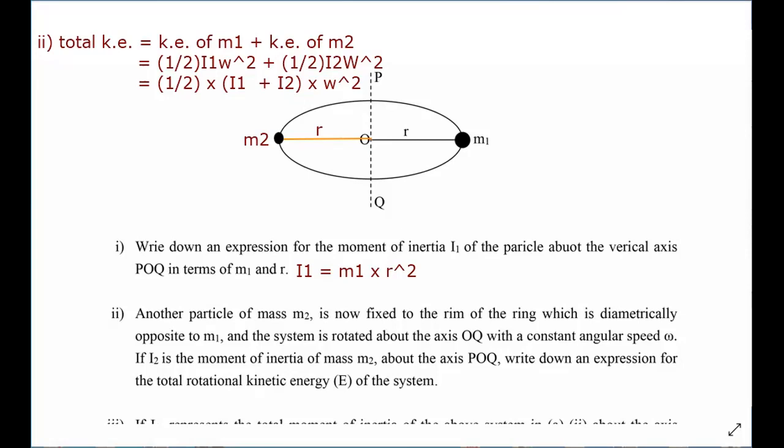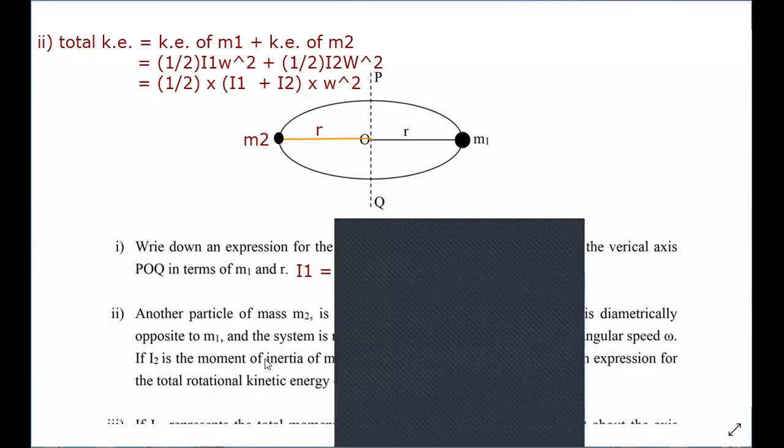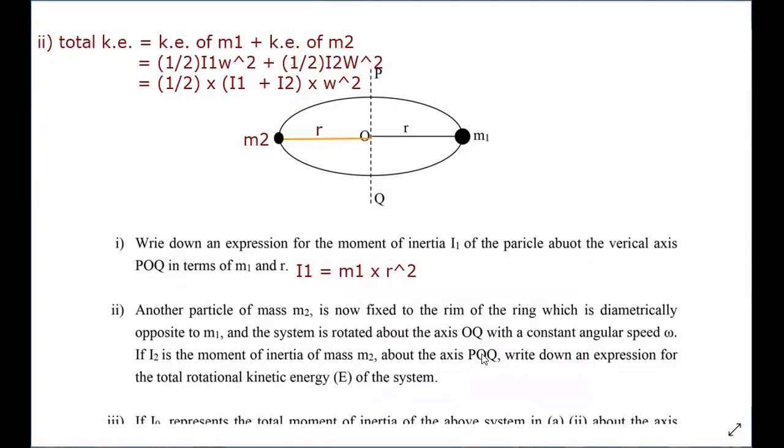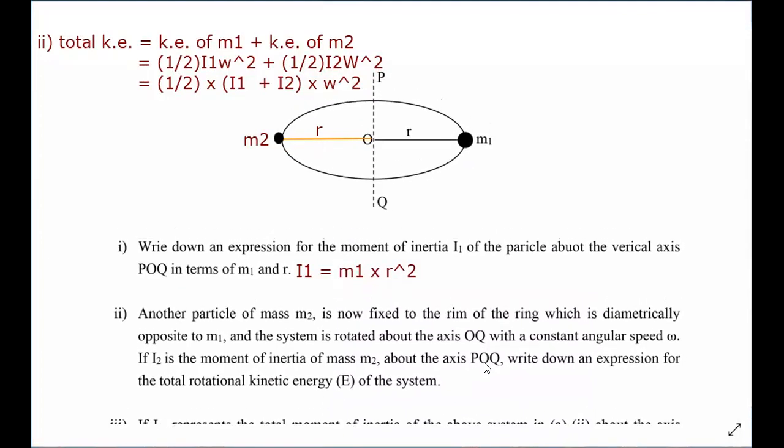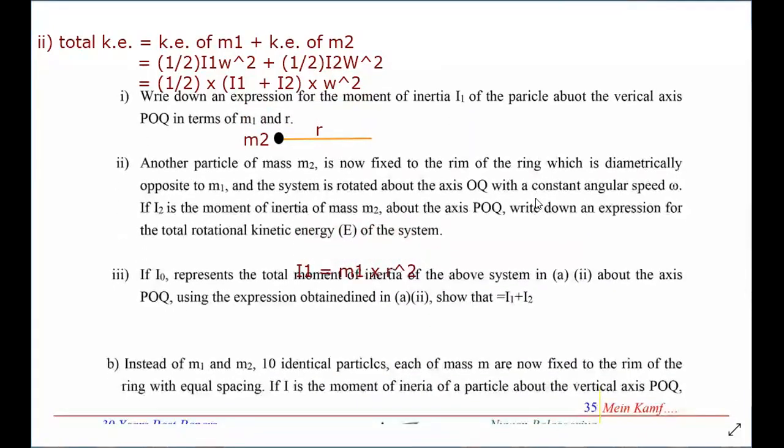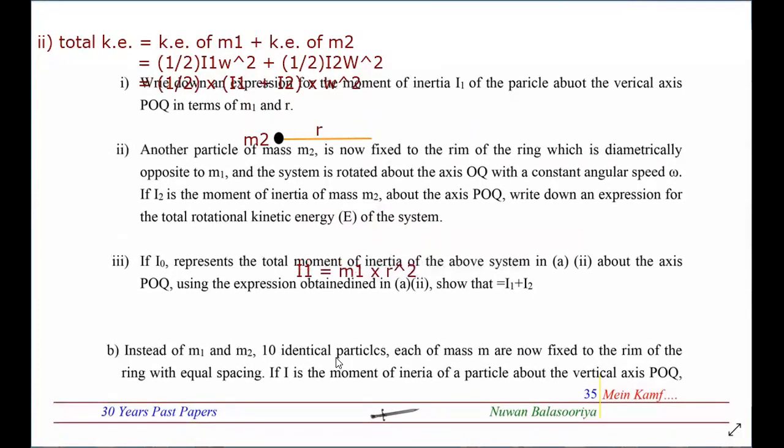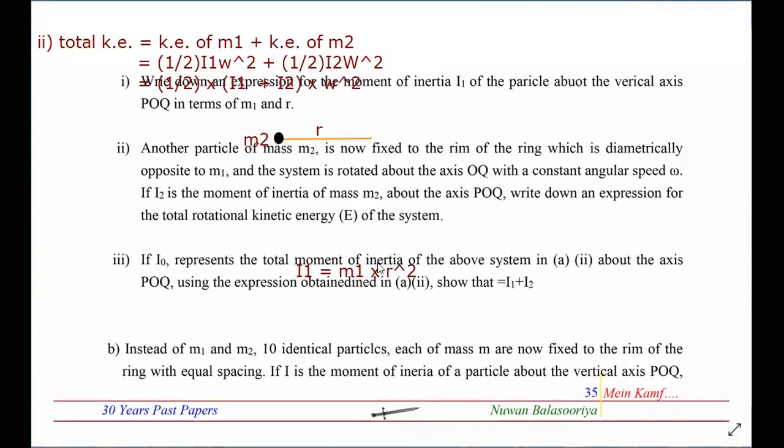Right. Lamoy, can you hear me properly? Right. So let's go to the next part of the question. So this is the diagram. Let me keep the diagram. Let me move it up a little bit further.